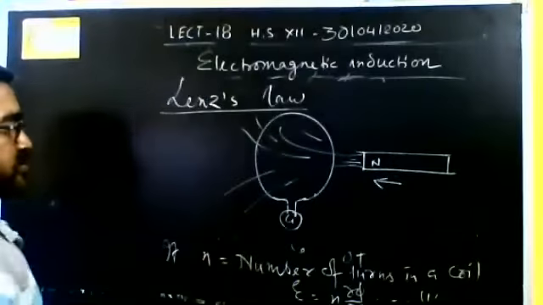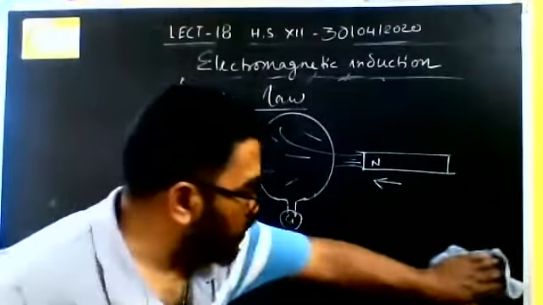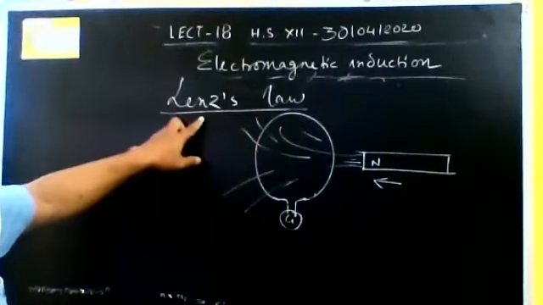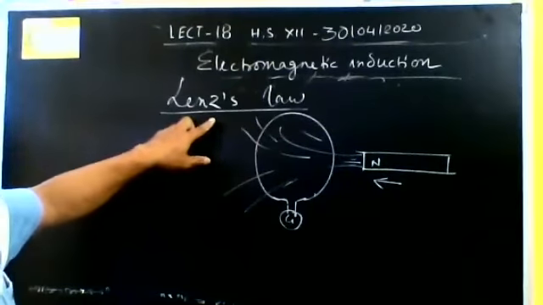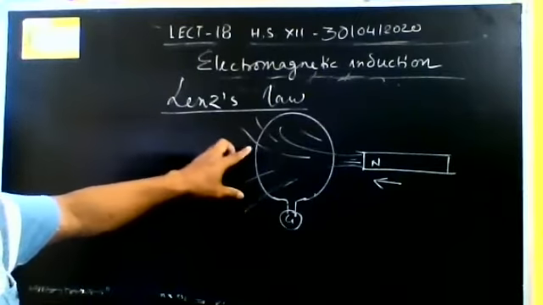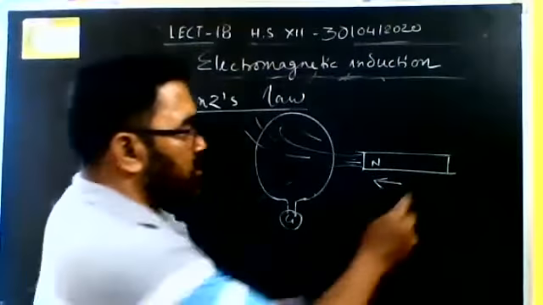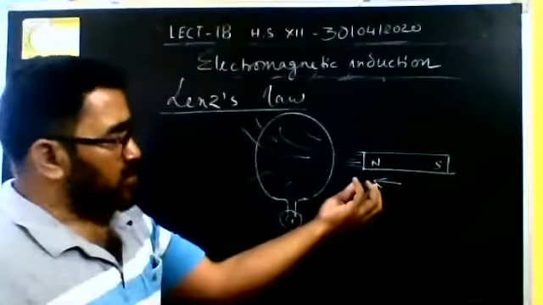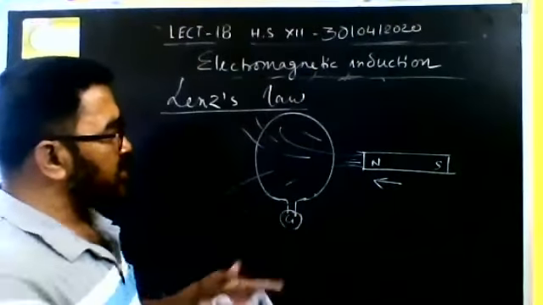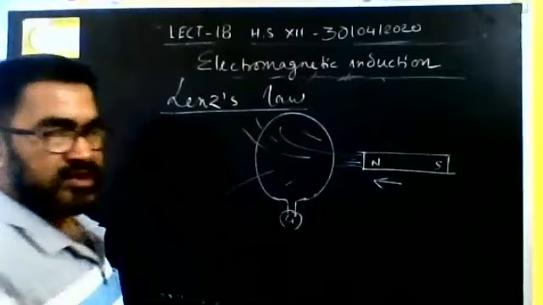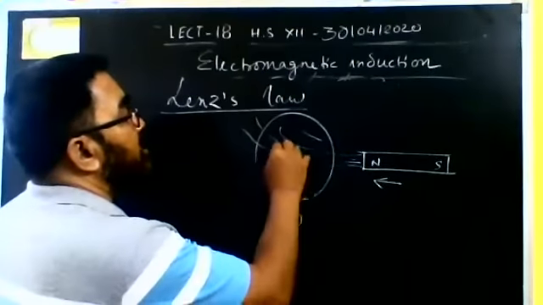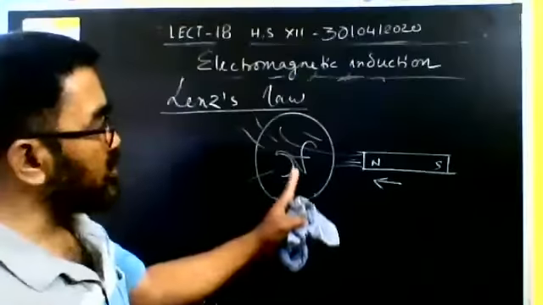Lenz is a scientist. From the point of view of conservation of energy, he did an experiment and concluded that when the North Pole is brought towards the coil, immediately the current will be such that it will produce a North Pole in front of the coil.